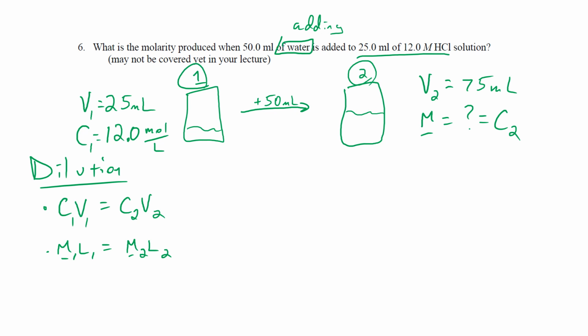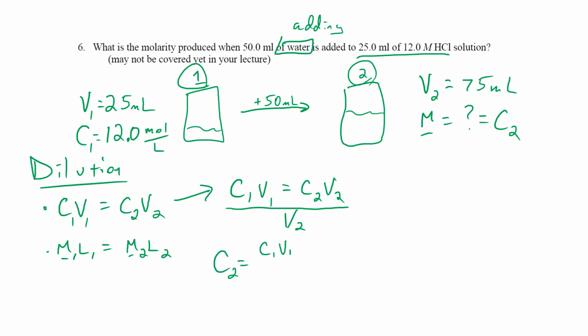So I have V1, C1, V2, and C2. I want to rearrange this to get my C2 by itself, so I divide by V2. So I get C2 equals C1 V1 over V2.